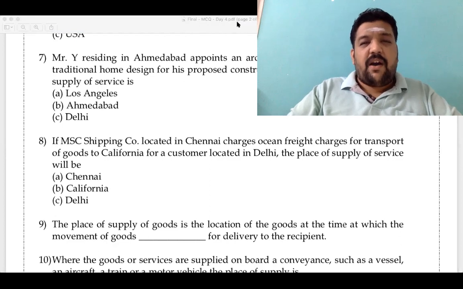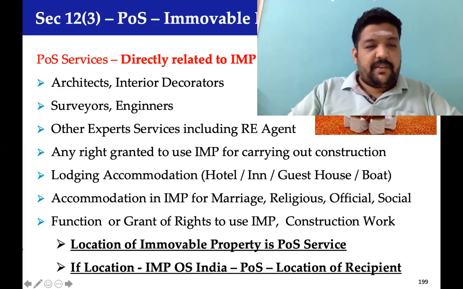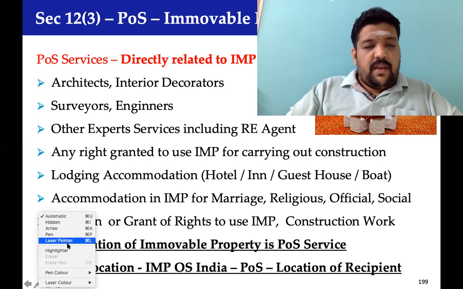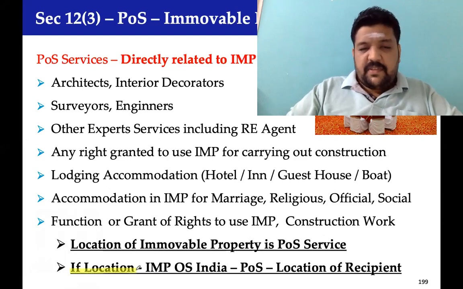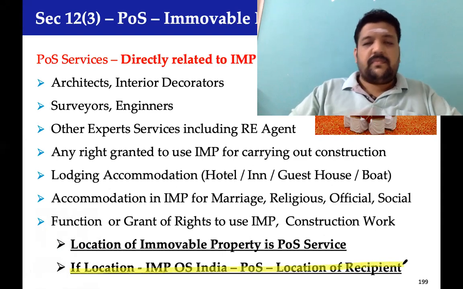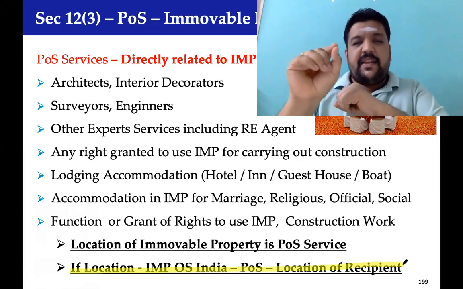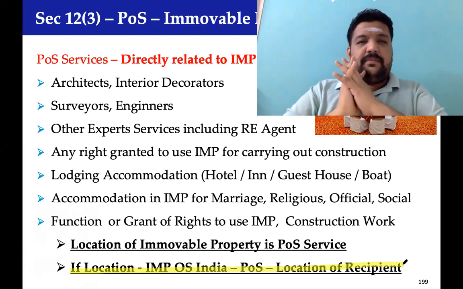Honestly, say to me, when this slide was presented to you, how many of you noticed the last point? Check the last point. This question has appeared earlier. This question has appeared as an MCQ. If the location of immovable property is outside India, place of supply will be the location of recipient.